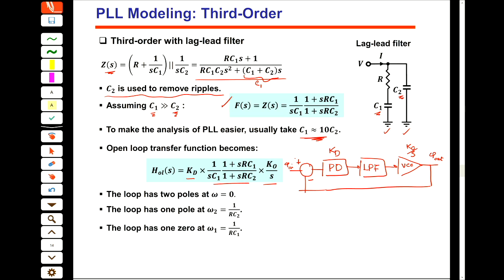If we look at this one, we see that it has two poles at S equal to 0 or omega equal to 0, one pole at this one, and one zero at this one.